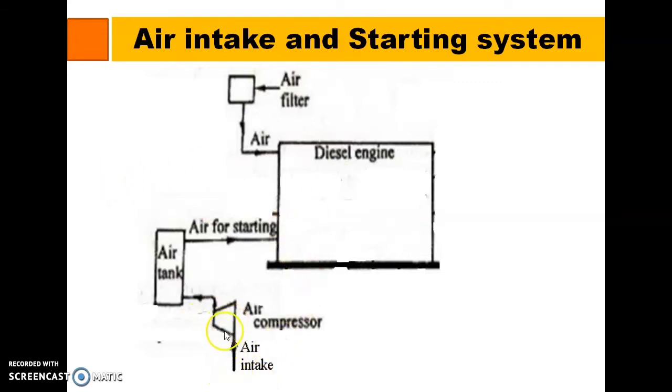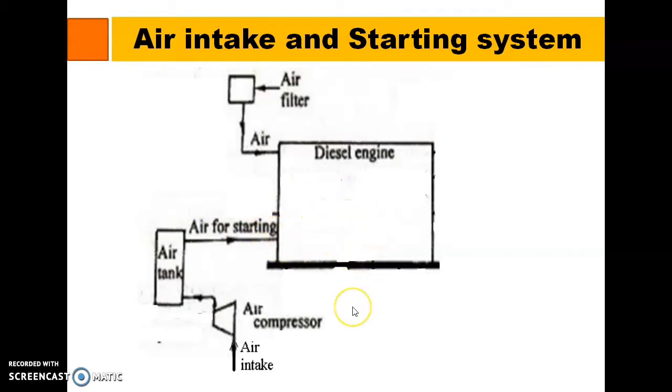So it consists of the air compressor, where the natural air is taken into the compressor, and the compressor will convert this natural air to pressurized air. Then it is given to the tank, and then again it is given to this engine to start the engine.